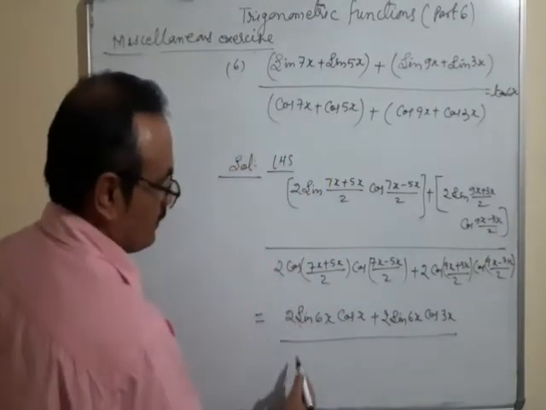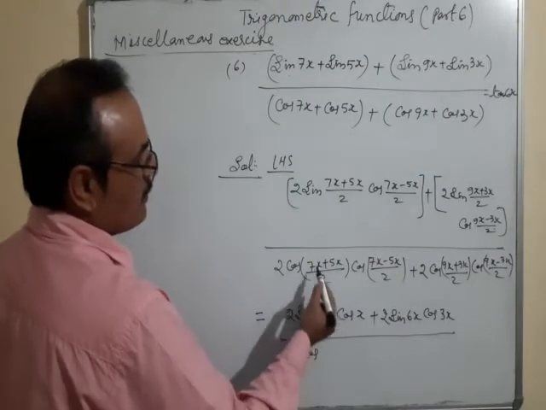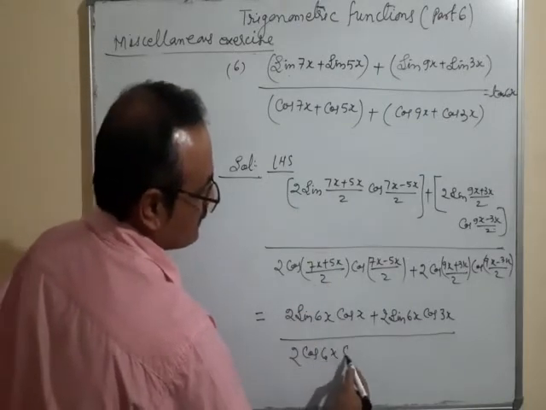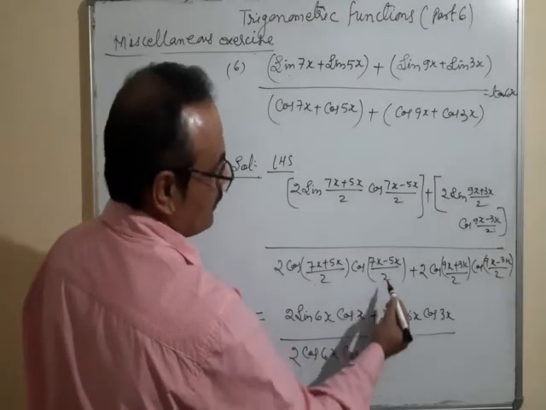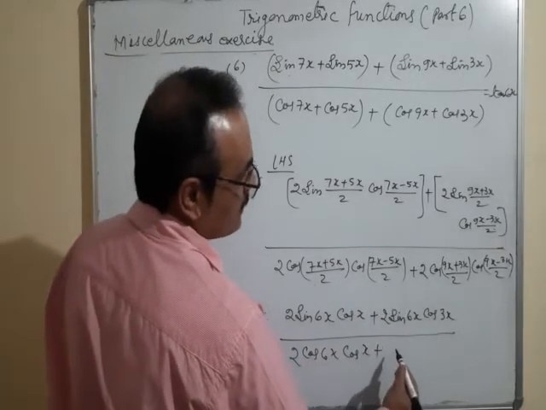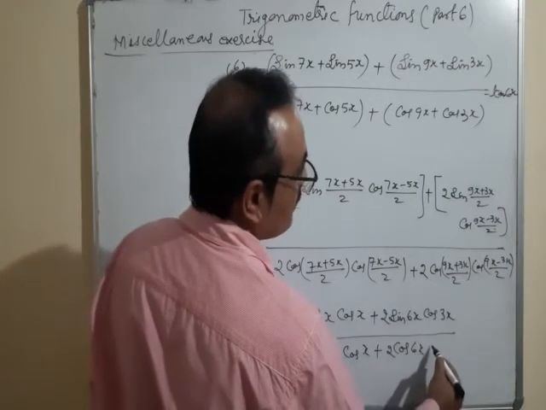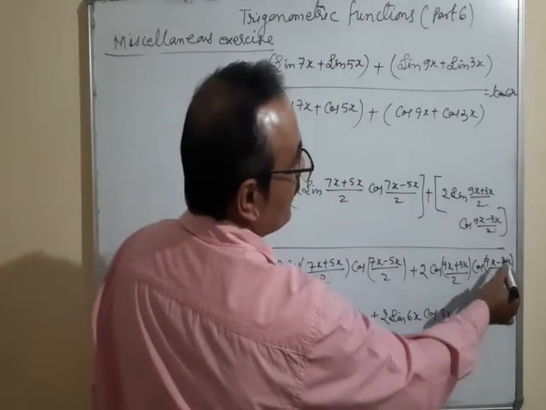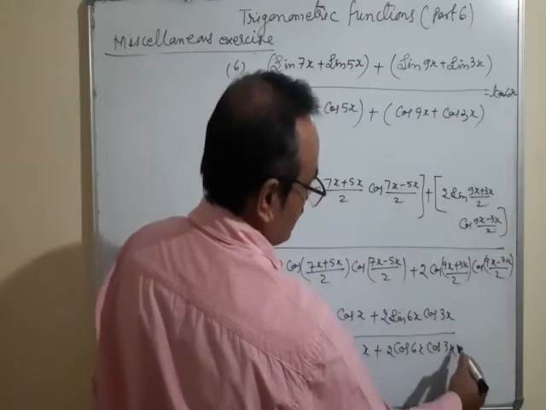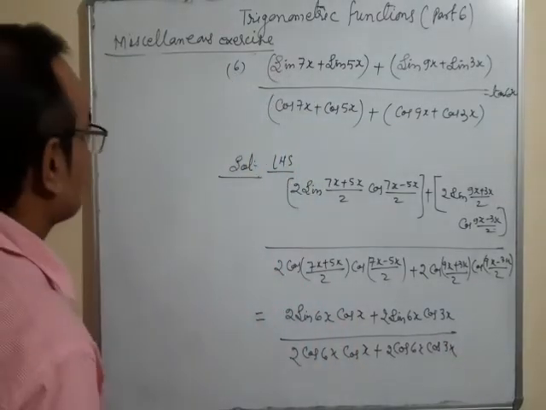Upon 2 cos 6x into cos x, plus 2 cos 6x into cos 3x.